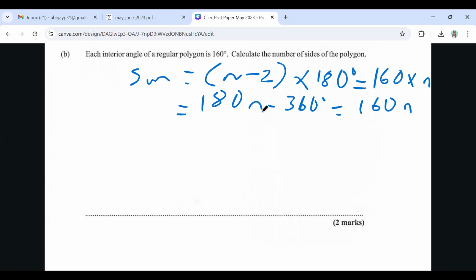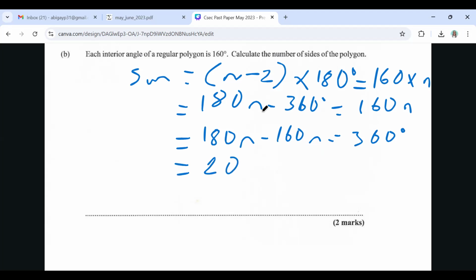So I'm going to combine like terms. So 180n subtract 160n equals 360 degrees. So that will make 20n equal 360 degrees. And n will equal 360 degrees divided by 20.